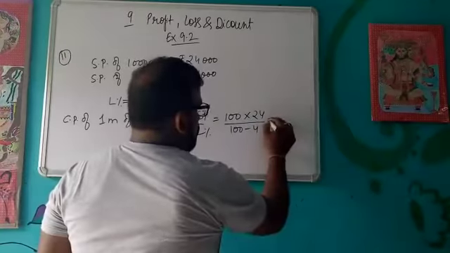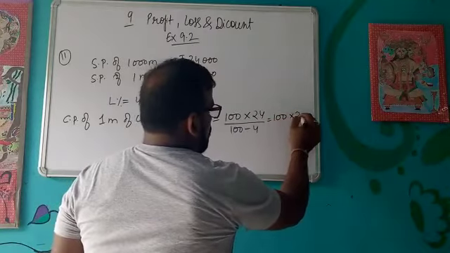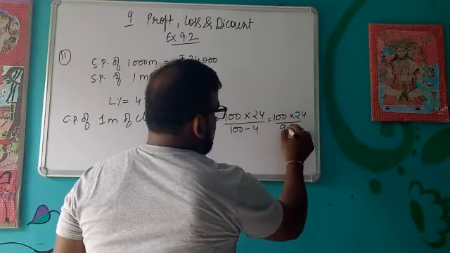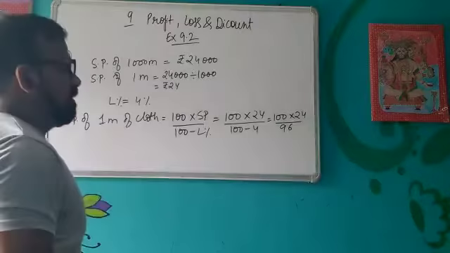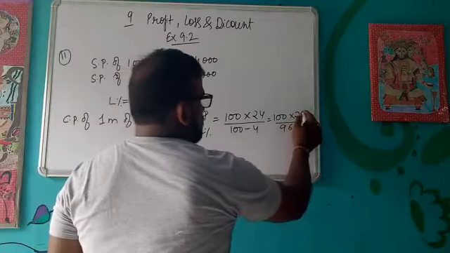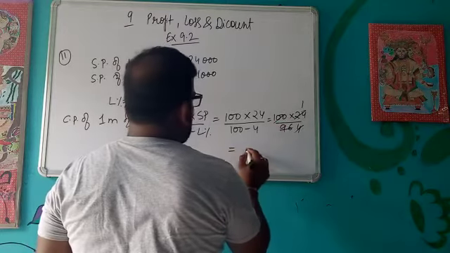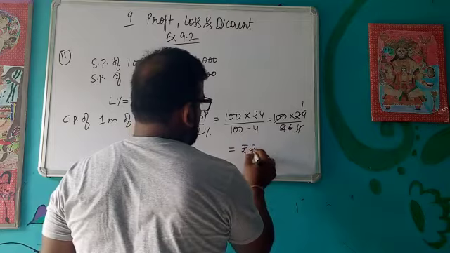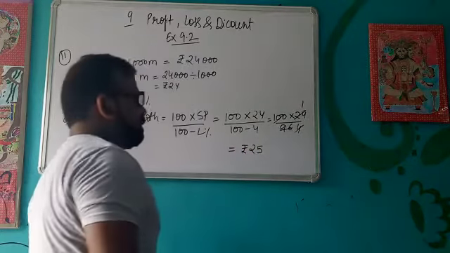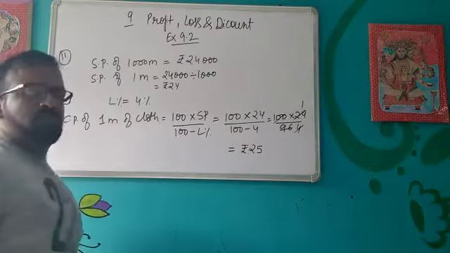That gives 100 into 24 upon 96, so it is rupees 25. This is the cost price of 1 meter of cloth.